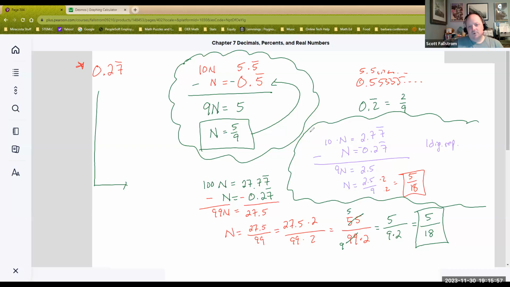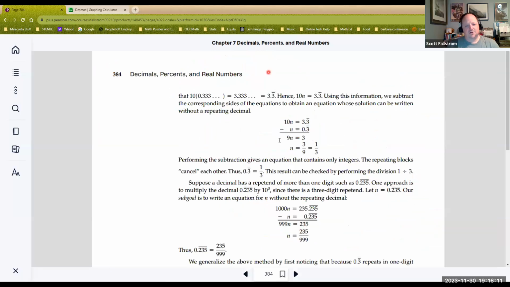So I'd prefer you try this way, where it's the smallest amount possible, but again, totally up to you. This process can be used for 2-digit repetends, 3-digit repetends. It doesn't matter. And what you'll see the book do is give you a 0.3 repeating, which is just fine. Multiply by 10 because there's a 1-digit repetend, subtract, and then simplify at the end.